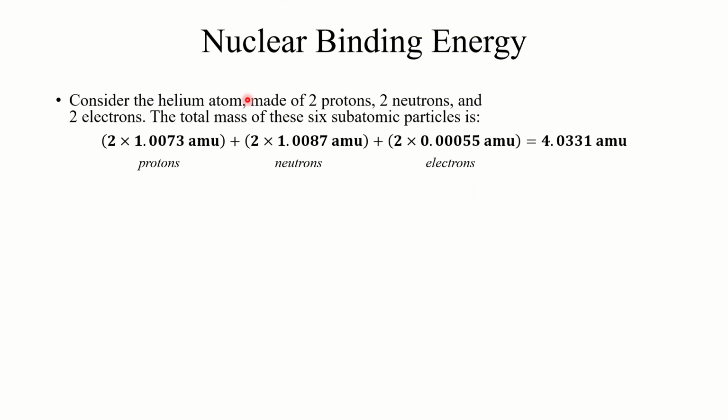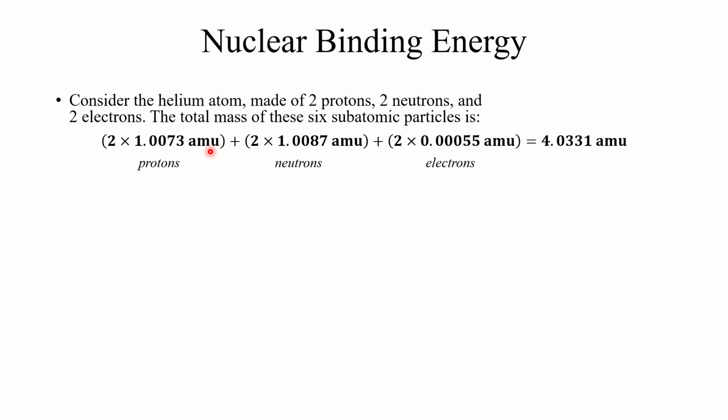So let's consider the helium atom, which is made of 2 protons, 2 neutrons, and 2 electrons. The total mass of these 6 subatomic particles is 2 times 1.0073 AMU, the mass of a proton, plus 2 times 1.0087 AMU, the mass of a neutron. Remember, AMU is a unit of mass called an atomic mass unit.